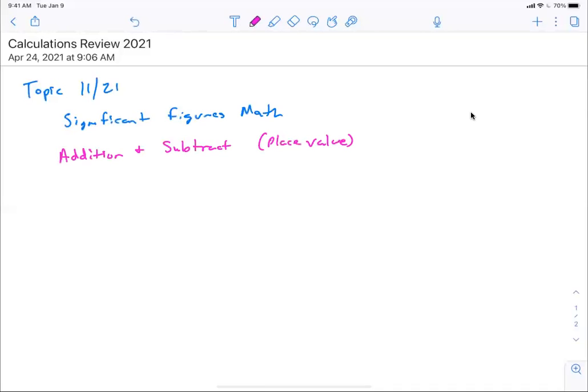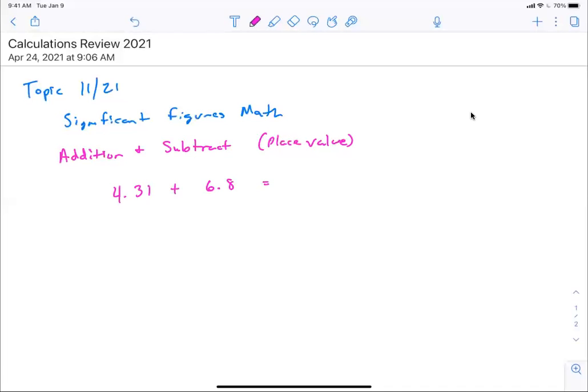Because when you're adding or subtracting, you're usually in the same unit, so the decimal place means the same thing in both of those measurements. The tenths place is the same for both units of centimeters. And so the number of decimal places you have is how precise your values are. So when you have like 4.31 plus 6.8, your answer is restricted by your less precise value.